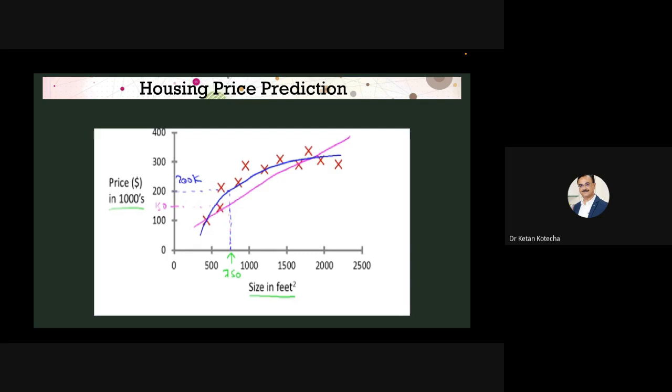And if you have done this in your undergraduate studies, you know that you can also have one particular curve which passes through all the red points in a zigzag fashion. If you do that, ideally the error is 0, but your prediction power will be very limited, because it is memorizing so many points which are already given.